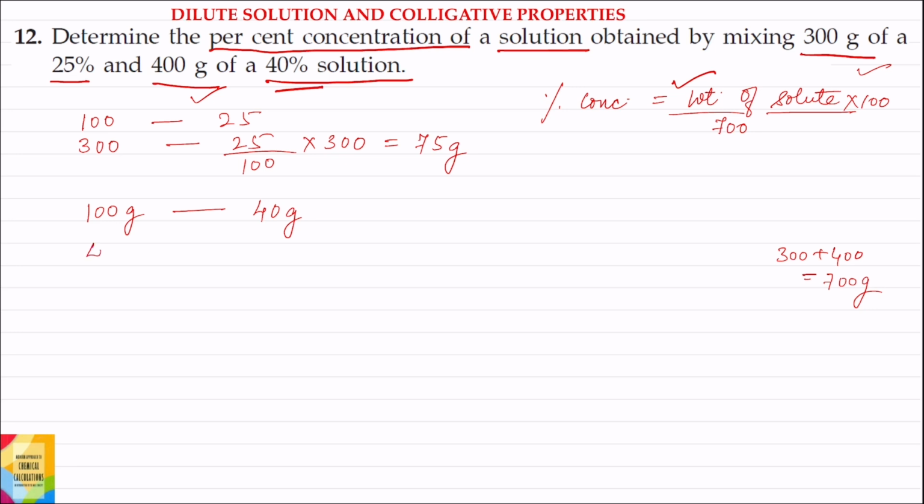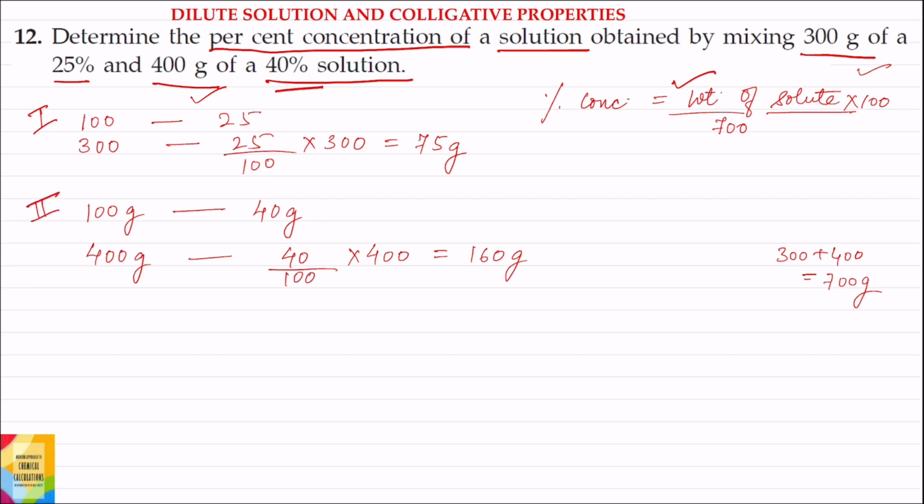Therefore 400 gram of solution will contain 40 divided by 100 into 400, and this is equal to 160 gram.